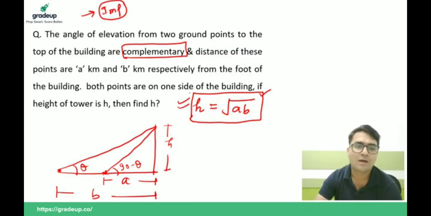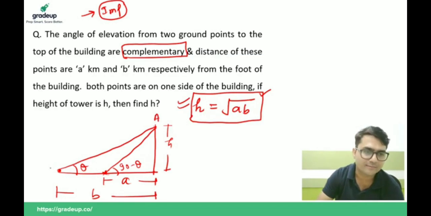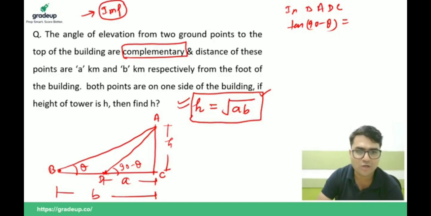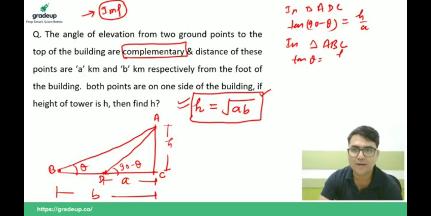Now I'm taking the points A, B, C, D. In triangle ADC, tan(90 minus theta) is equal to h upon a. In triangle ABC, tan theta is equal to h upon b.